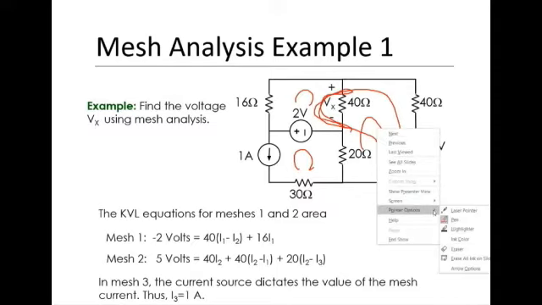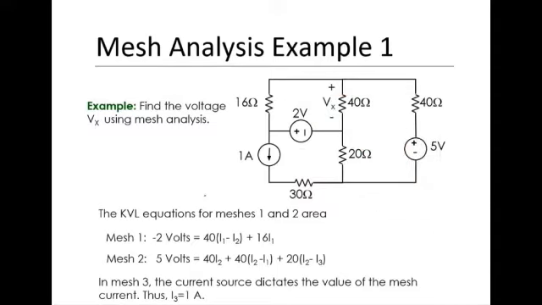So there you go. Find the voltage Vx using mesh analysis. So the KVL equations for meshes 1 and 2 right here. This is mesh 1, mesh 3, mesh 2. Mesh 1 is this equation right here. So the KVL equation is this.